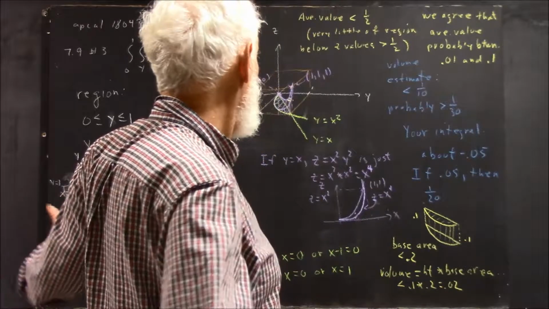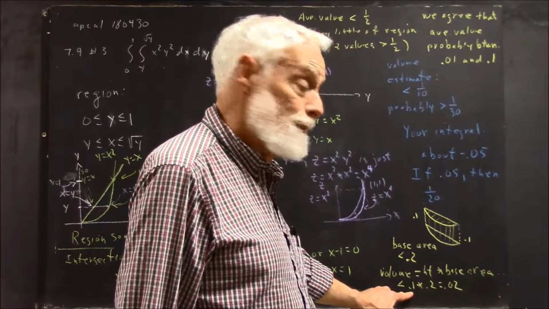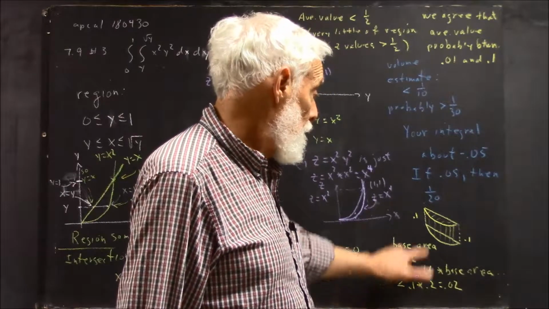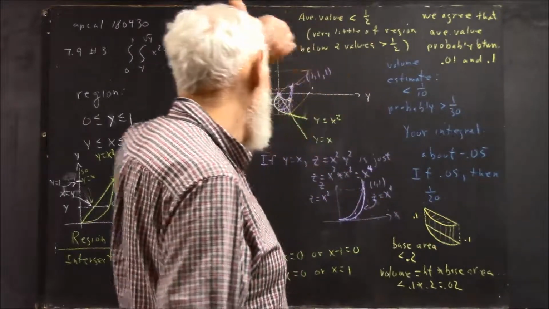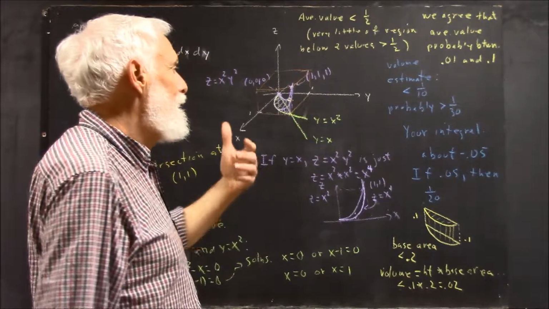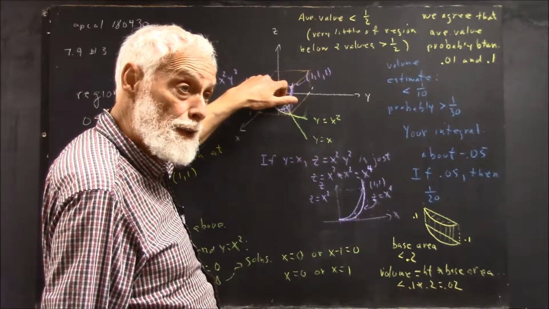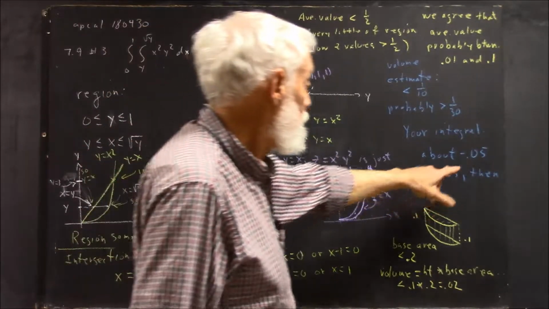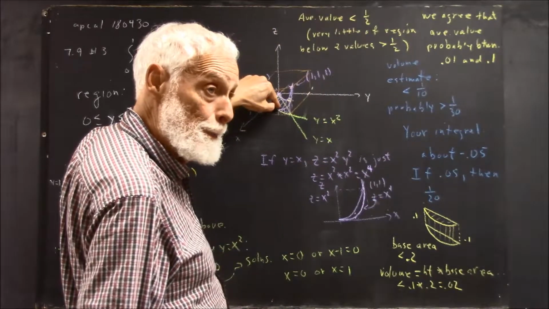I'm going to say, well, if the average height is 0.1, then if you multiply that by the base area, you get the volume. So that the average value of z on this, the average height of this, is just going to be this integral divided by the area of this base.